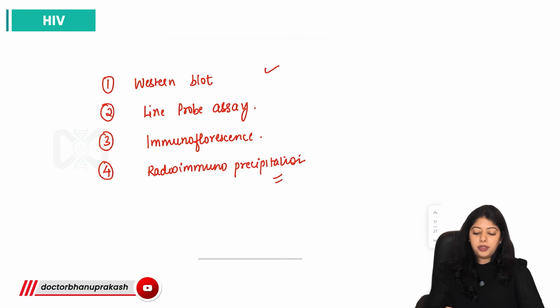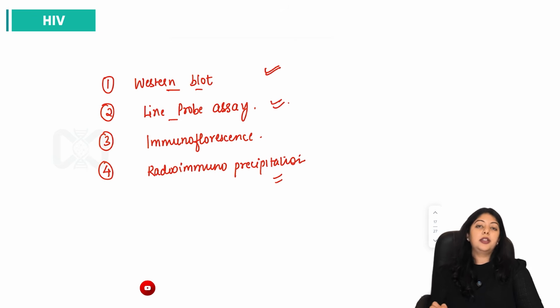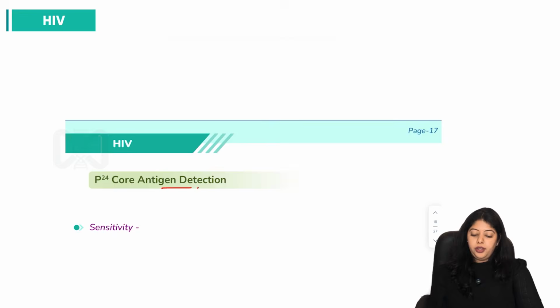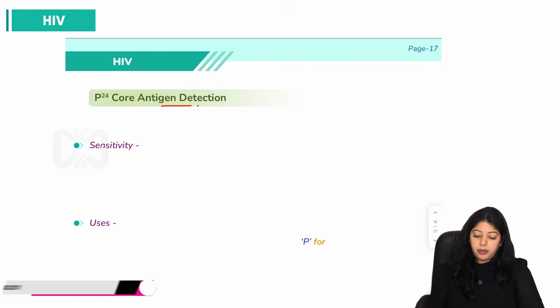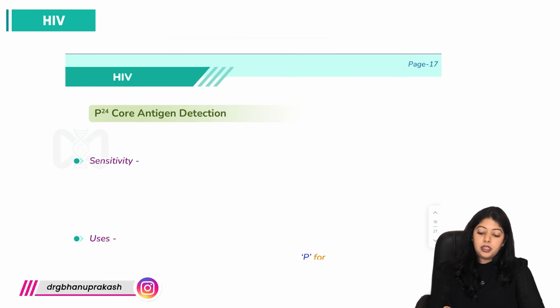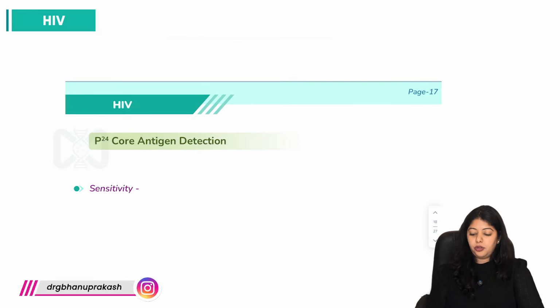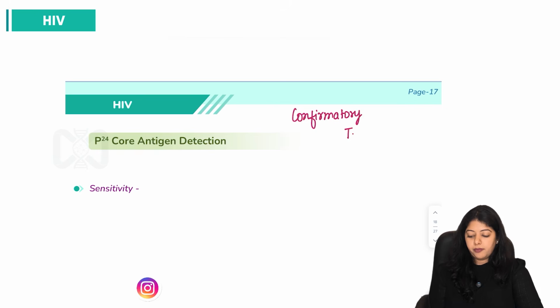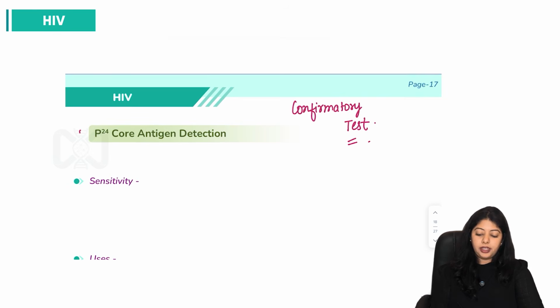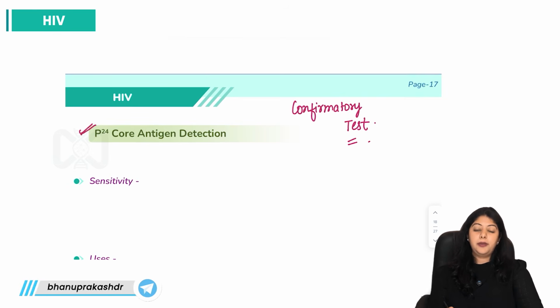So these 2 tests are most widely used in the NACO guidelines as well, and they're included in the national programs as well. So now let us talk about the confirmatory tests. So P24 comes under the category of confirmatory tests, right?